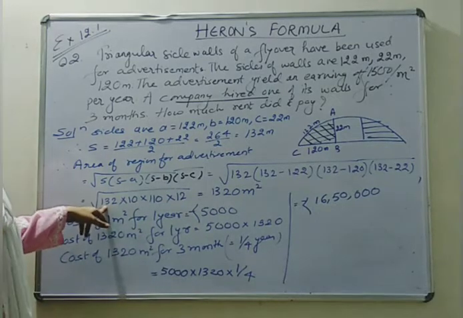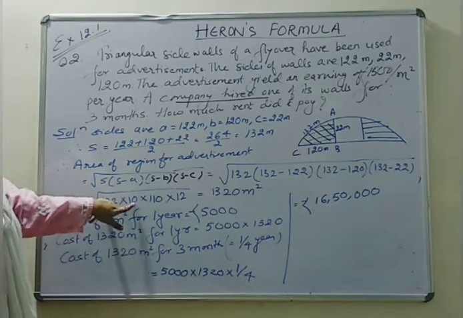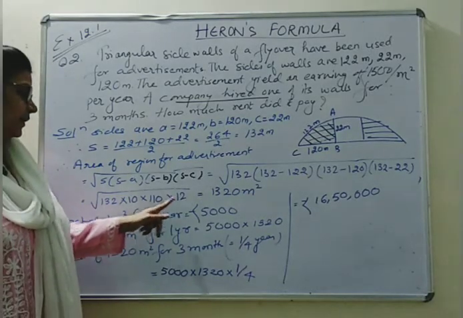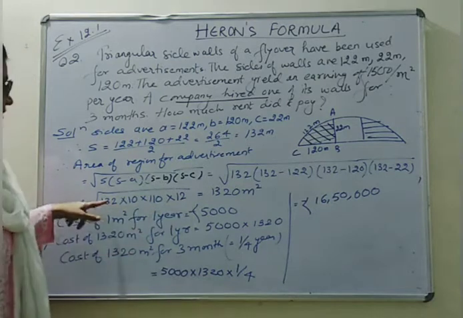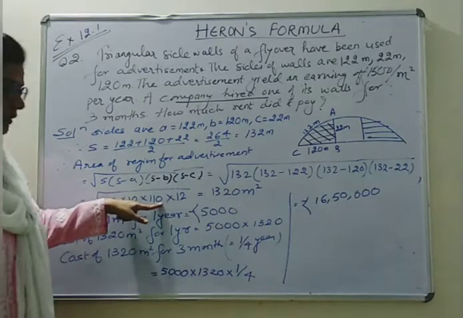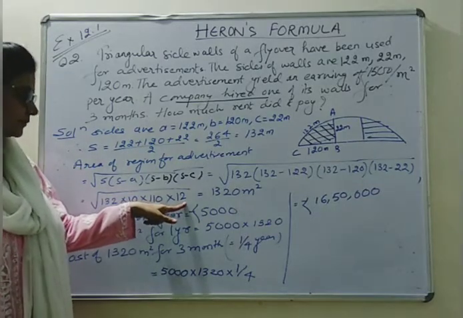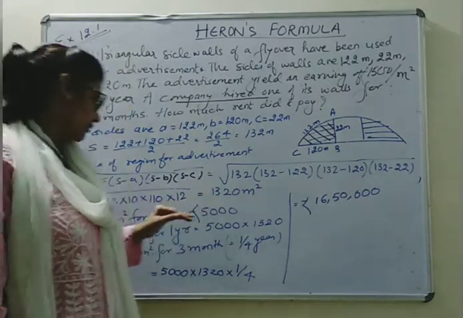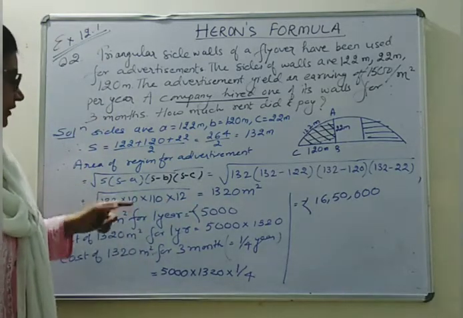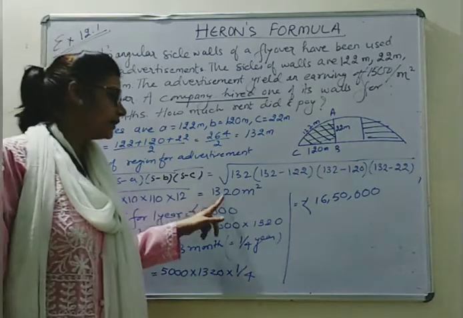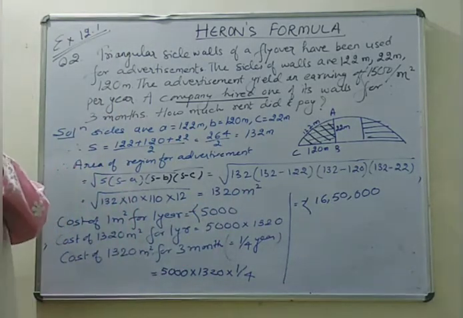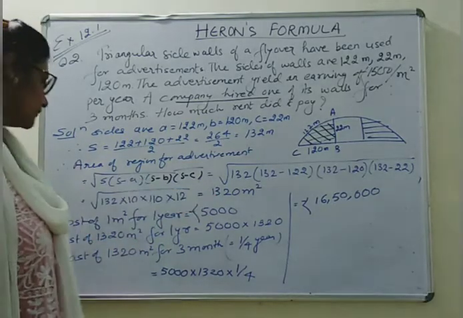Now this can be written as 11 into 12, this is 10, this can be written as 11 into 10, and this is 12. So what will be our answer? 12 into 11 into 10. So that will be 1320 meter square. So the calculation is clear. How are we getting this?